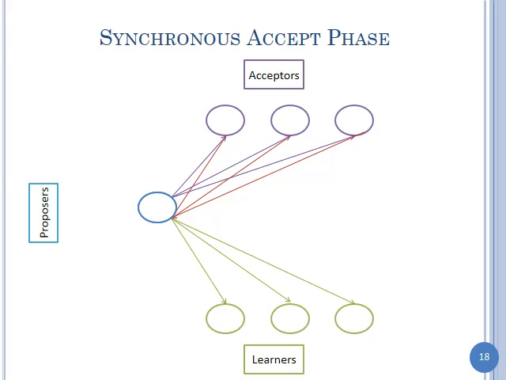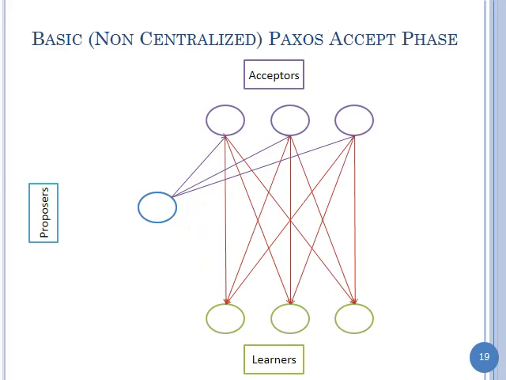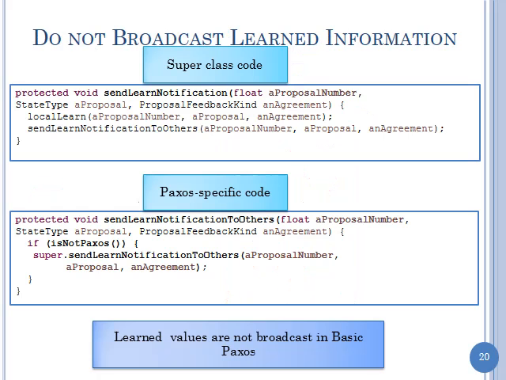In Paxos, the accept request is sent by the proposer, but the response is sent to the learners directly. And there is no need to go and send information to the learners from the proposer. So we have to make these two changes in our code.